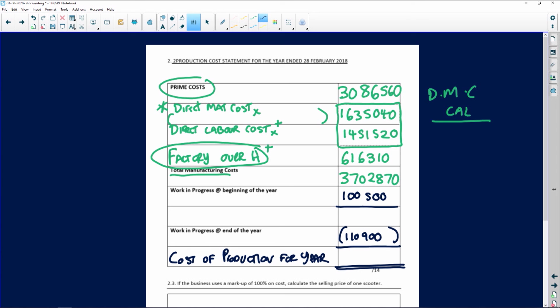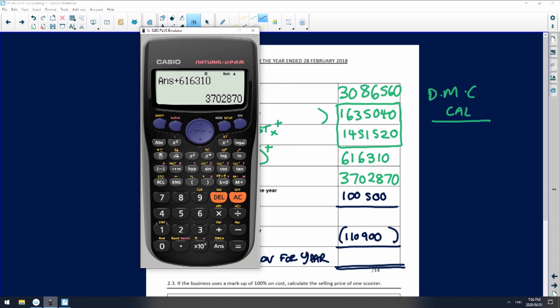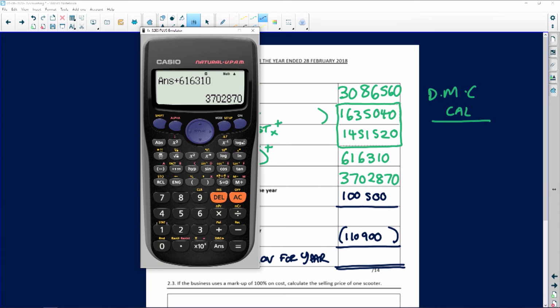Right, so I'm going to show it as one calculation. You guys please show your calculations on the appropriate lines. So all I'm doing, guys, is I'm taking my 3,702,870.